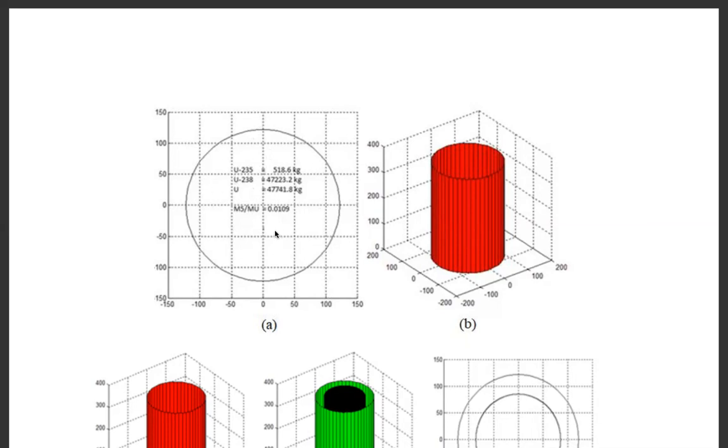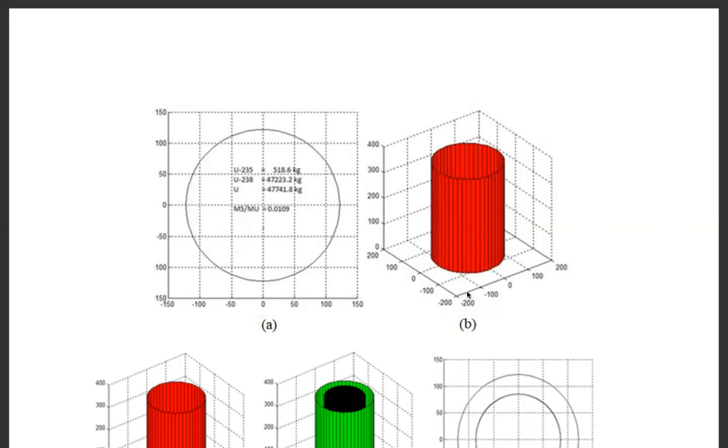So this is water. This is what the reactor looks like. It's a cylinder of height, you can see from here, less than 300 centimeters, so less than 3 meters. I think it's about 2.7 meters.